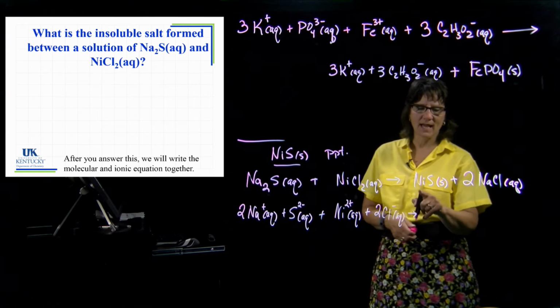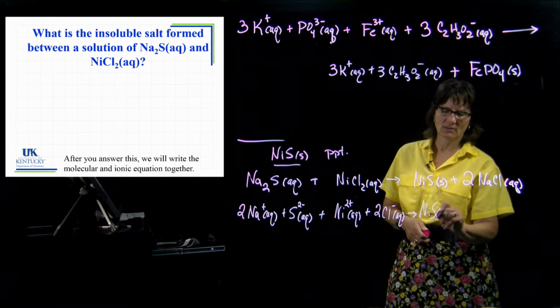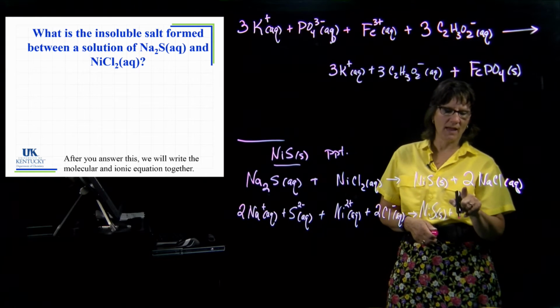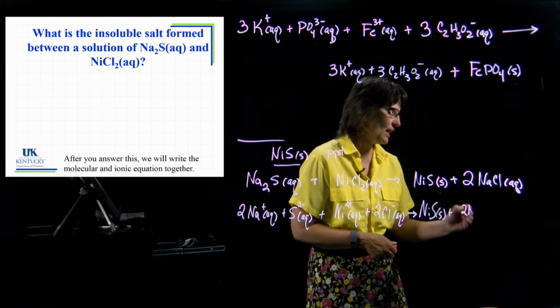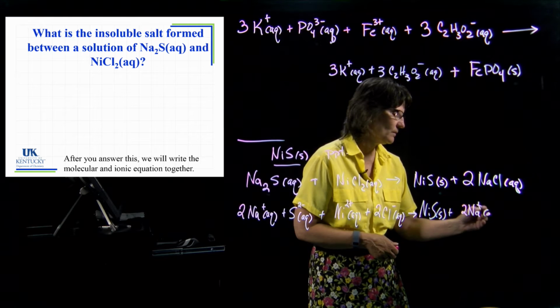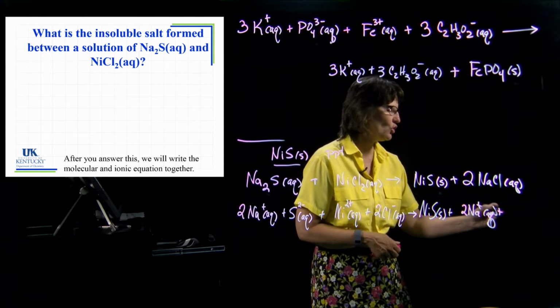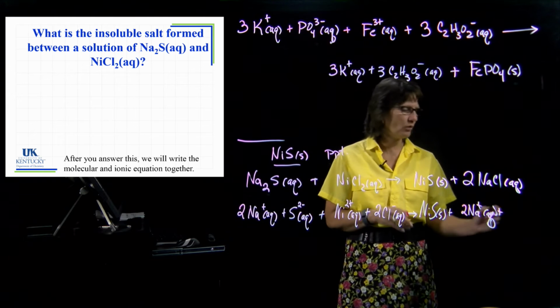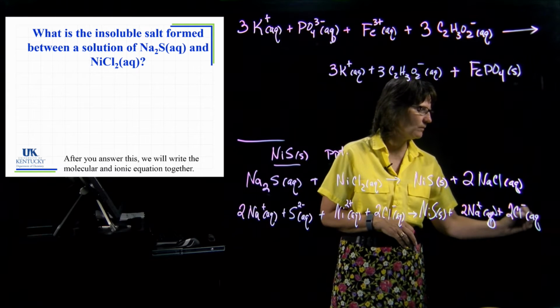On the right-hand side, this is a solid, so it stays intact. NiS solid. And then we have 2 of the sodiums, so I write 2 Na plus aqueous. And then we have 2 of the chloride, so it's 2 Cl minus, aqueous.